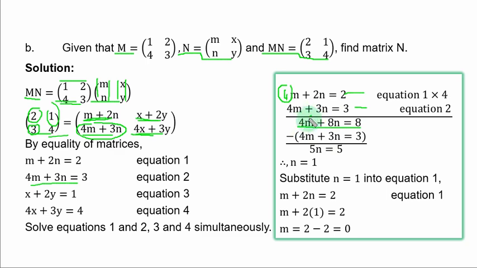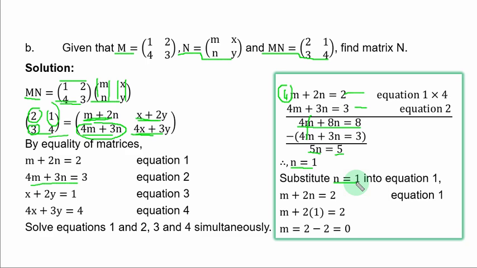If you subtract, here becomes 0. So you have 8n minus 3n, which equals 5n, and 8 minus 3 equals 5. Divide through by 5, and you have n equal to 1. To get m from this solution, you substitute n equal to 1 into either equation 1 or 2.